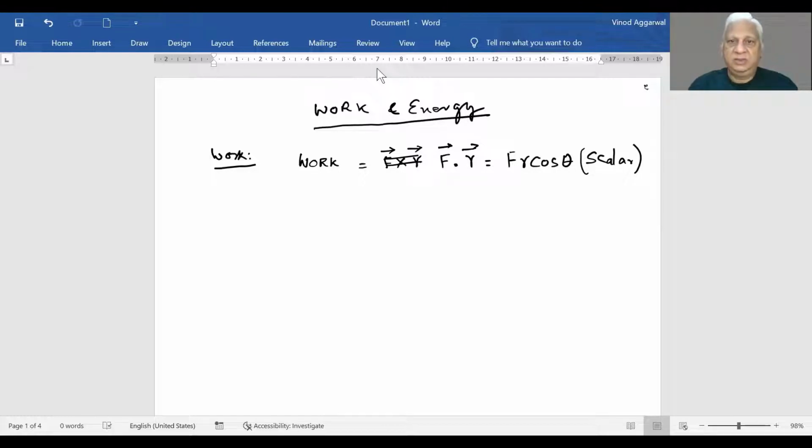So what it basically means is that when you apply force, you cannot directly multiply by the displacement because there's a cos theta involved.